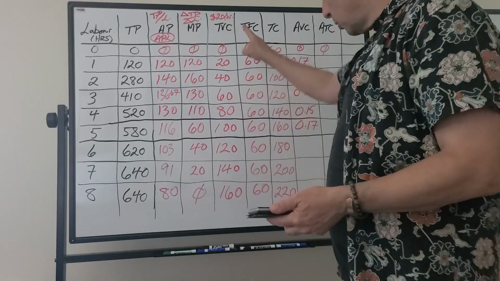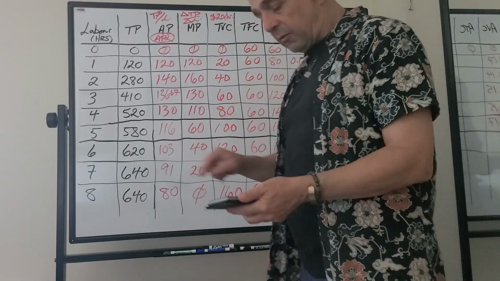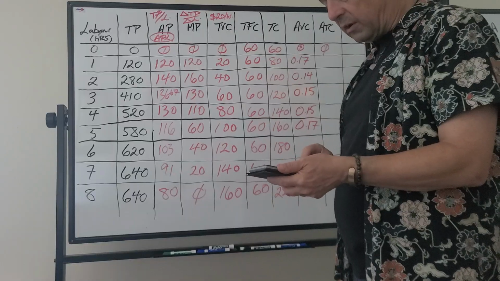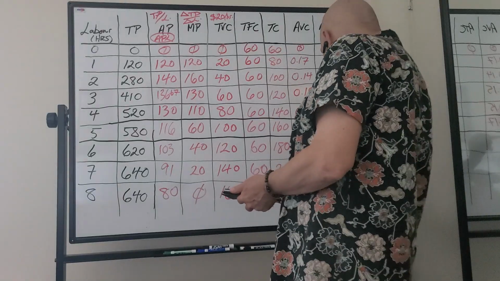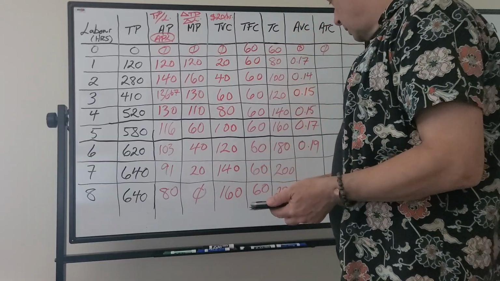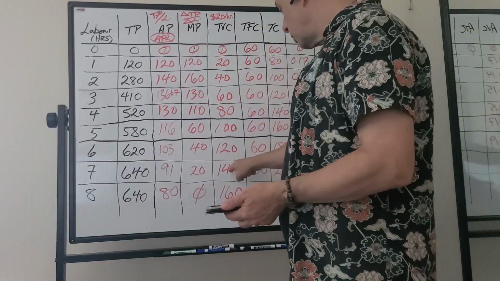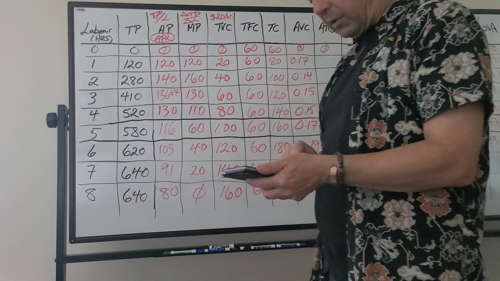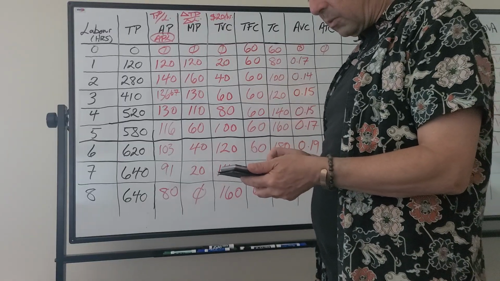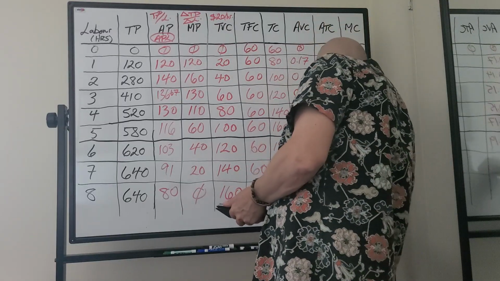Then we have total variable cost of 120 divided by 620. 120 divided by 620 items is about 19 cents. We've got total variable cost of 140 divided by 640, which equals 22 cents.